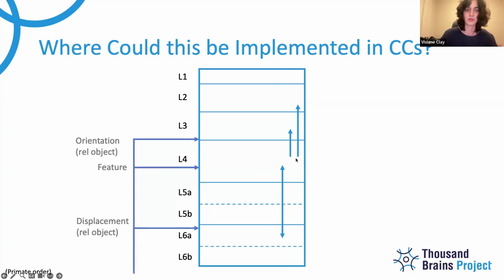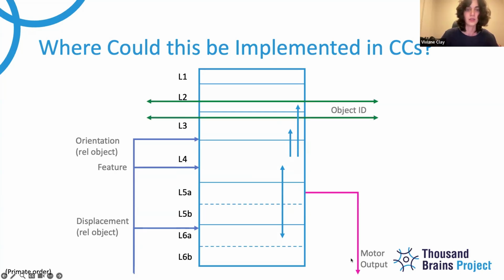After some successive movements, the activations here can be pooled into an object ID, which would then be the main output of the column out of layer 2, 3. The second output is the motor output out of layer 5A in primates, at least. And then we have these long-range connections that we talk about as the voting connections.